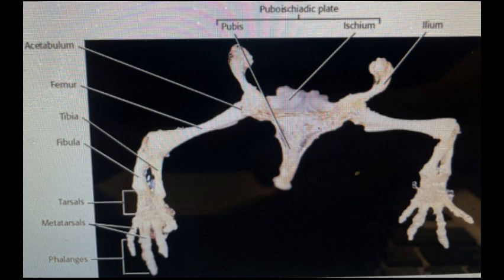Without this pelvic girdle, it wouldn't be able to move its lower half of its body and would just drag itself on land, kind of like the first tetrapods, like Tiktaalik, I guess, because it didn't really have a well-developed lower body.